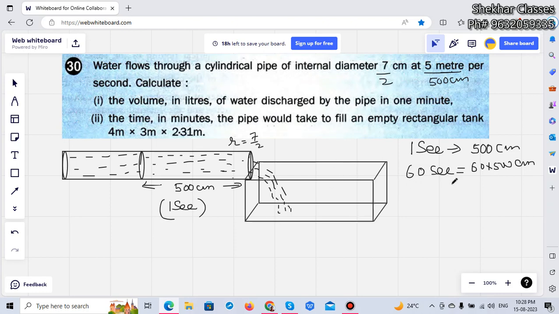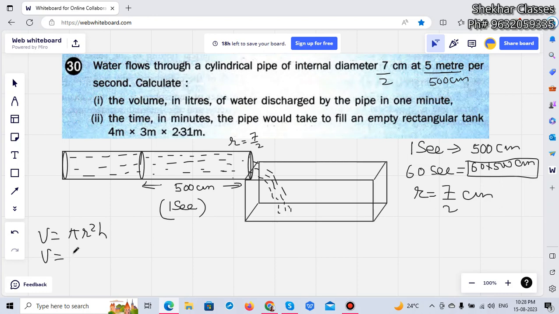So first of all, we will find out the volume of the cylinder whose length is this much and the radius is 7 upon 2, which they have given you in centimeter. So what is the length of that pipe which will empty in 1 minute? To find that volume, the volume of a cylinder is pi r square h.